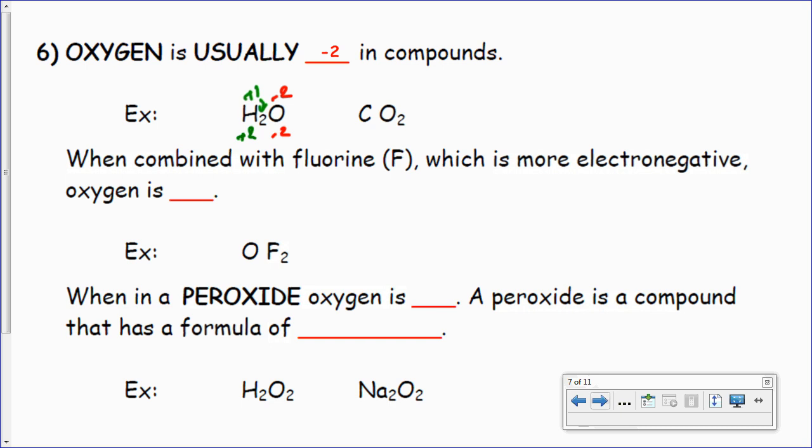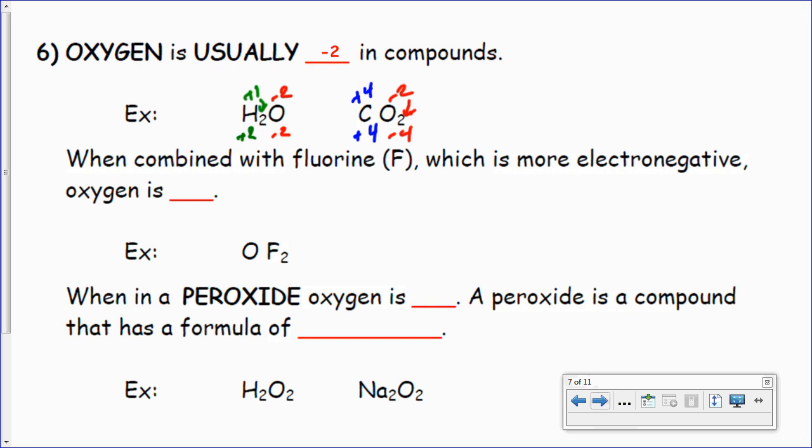Now, carbon could be, we're not sure right now, but usually oxygen is -2. So if we do -2 times 2, that's a -4. So carbon, we can think something times 1 is +4, so that's got to be a +4 to make a neutral compound. So we're just finding the oxidation states in these compounds.